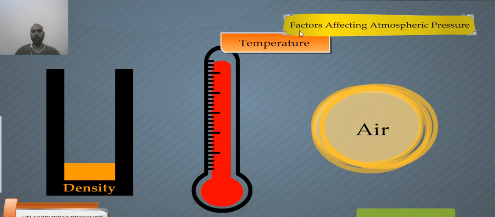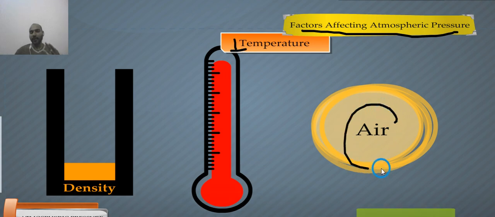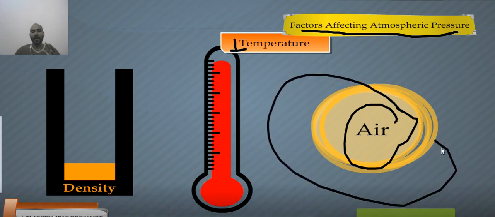So when temperature increases, air expands, and density decreases, ultimately resulting in less weight, so the air is so light that it rises up in the atmosphere.